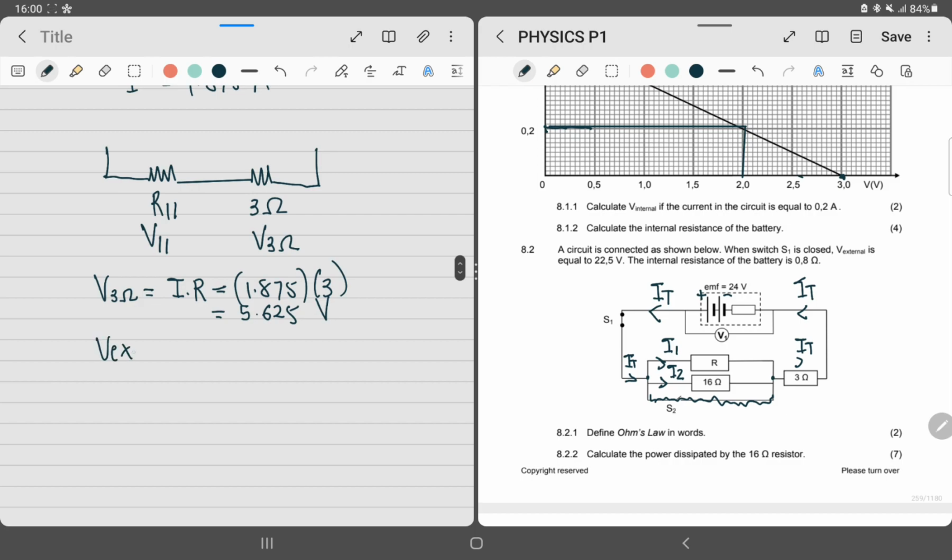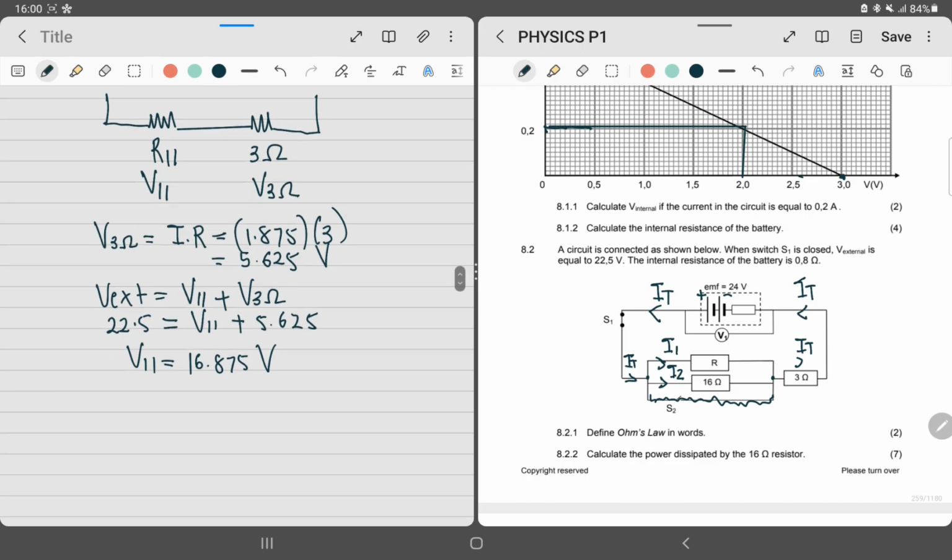We said V external must be equal to V parallel plus V through the 3 ohm. V external is 22.5. Then V parallel plus 5.625. V parallel should be equal to 16.875 volts.